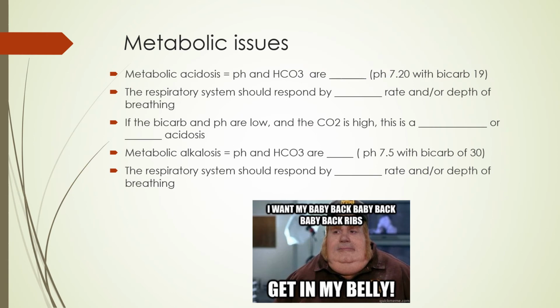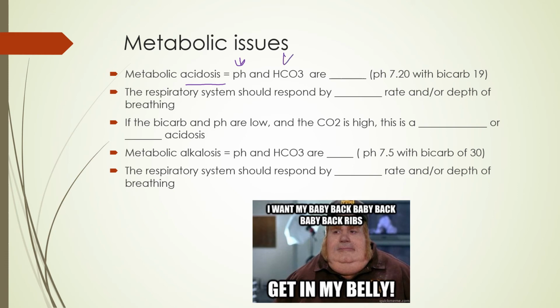Right? There can be metabolic issues, right? A metabolic acidosis. When we're looking at a metabolic acidosis, pH and bicarb are, what do you think? If we're in an acidosis, the pH is going to be decreased, and if it's metabolic, then a high bicarb's a base, right?